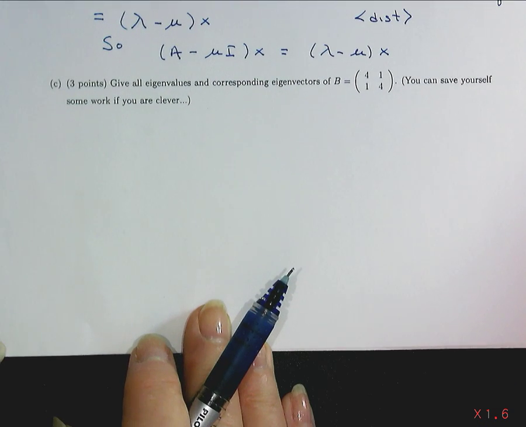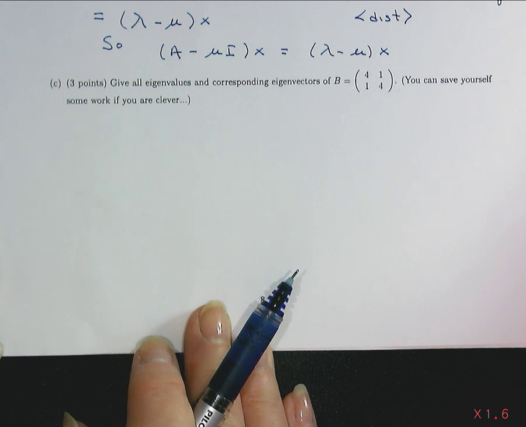In part C, it says, give all the eigenvalues and corresponding eigenvectors for B. And it says you can save yourself work if you're clever.